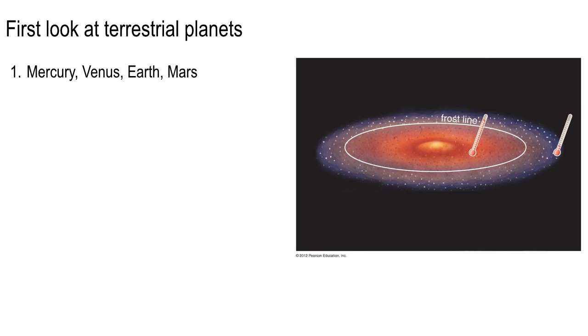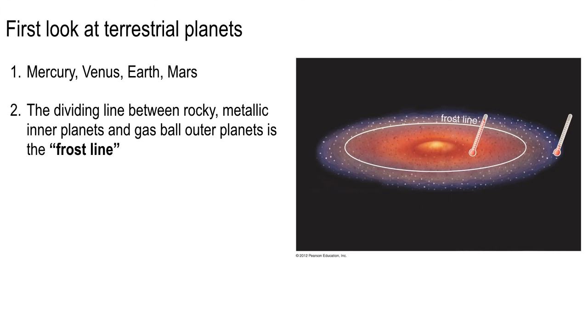And we think that there's a dividing line around the star, inside of which rocky and metallic inner planets form, because they can withstand the heat in the inner solar system.